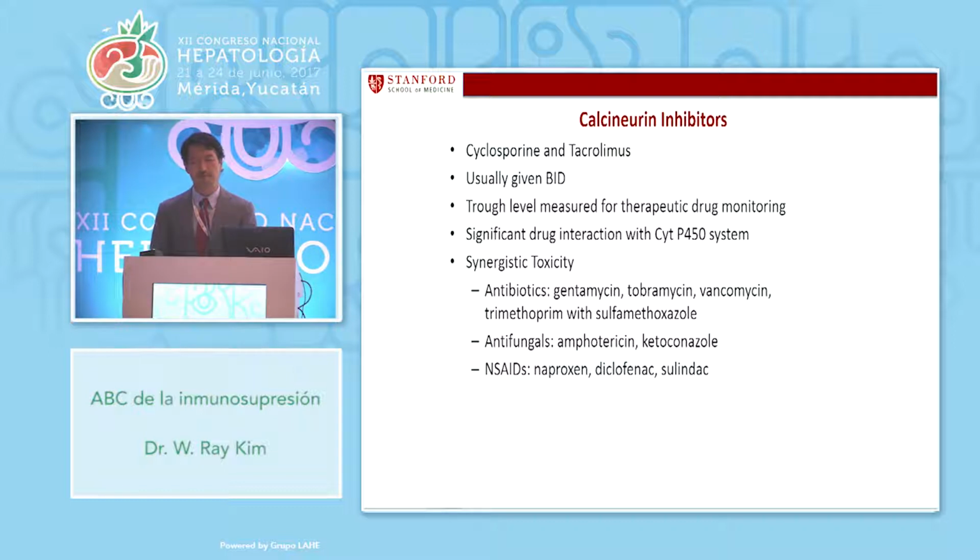There's significant drug interaction with the cytochrome P450 system, so you need to be aware of drug interactions. There's synergistic toxicity with some of the antibiotics listed there. Among antifungals, ketoconazole is famous for raising the level of these medications, and there's some interaction with NSAIDs. So when you use these medicines, you need to be careful with other drugs.